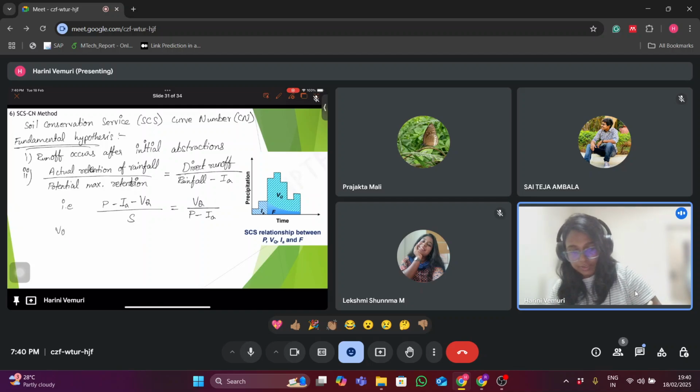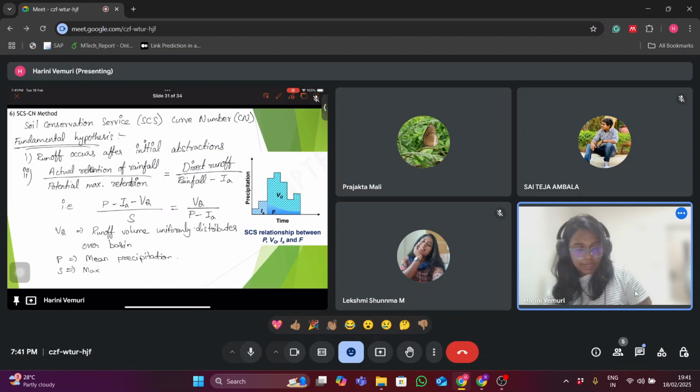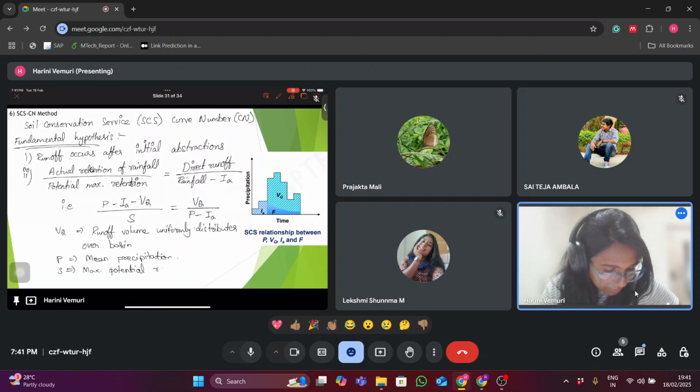So VQ is the runoff volume uniformly distributed over the basin, P is the mean precipitation over the basin, and S is the maximum potential retention of water in a basin.